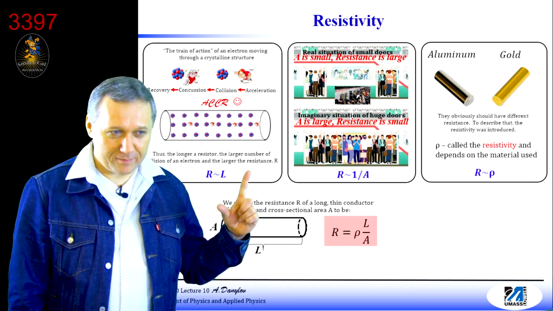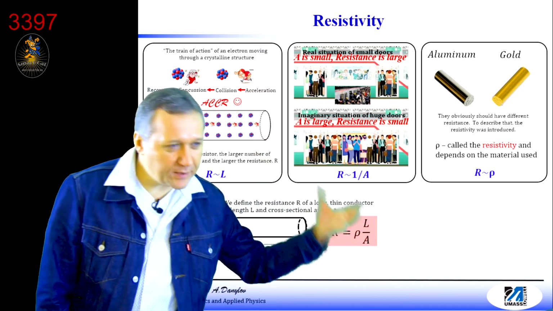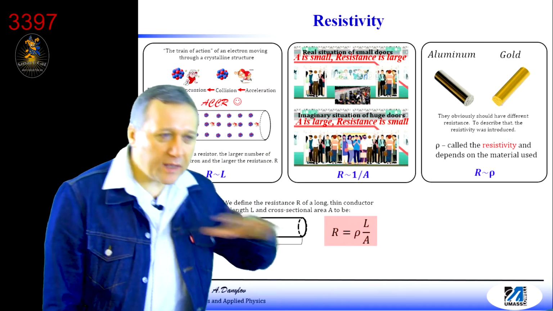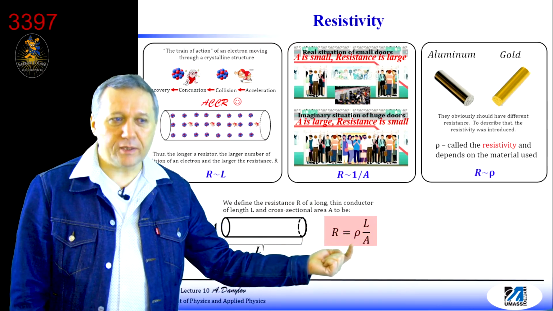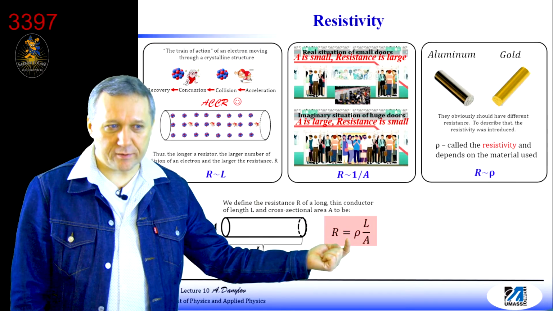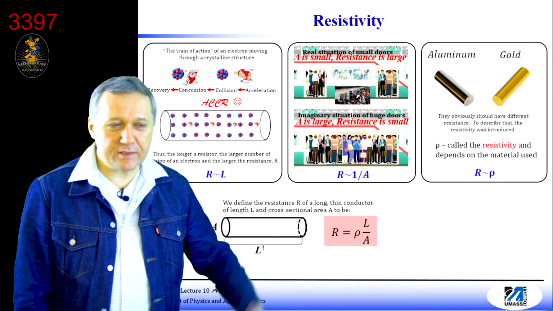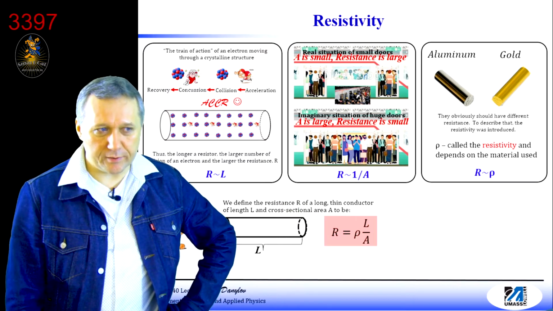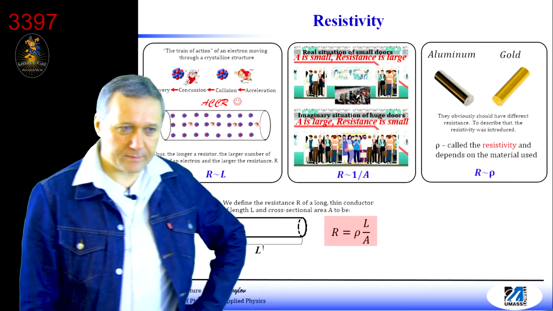Major feature is it does not depend on the electric field, does not depend on the potential difference, neither charge, none of the electric quantities. It depends only on rho, which describes the material, L, geometry, A, geometry. It depends basically only on the geometry and the material used to fabricate this or that resistor, right?